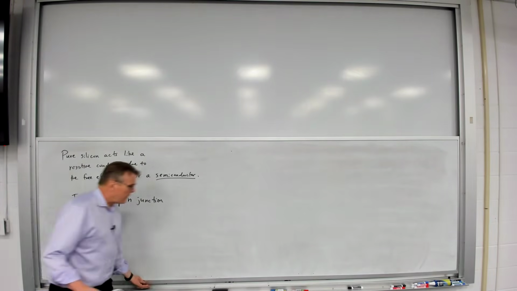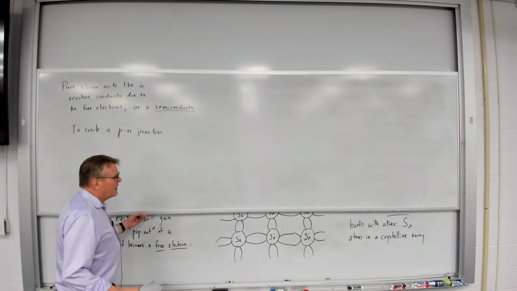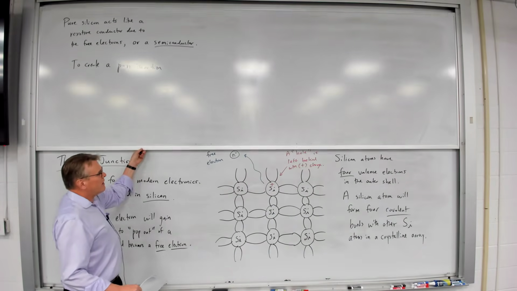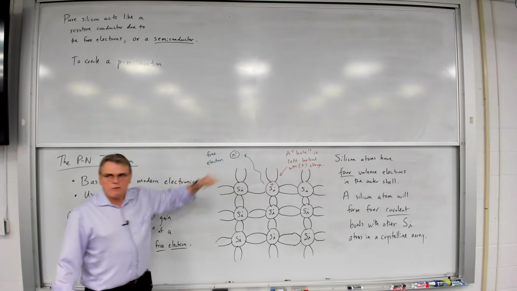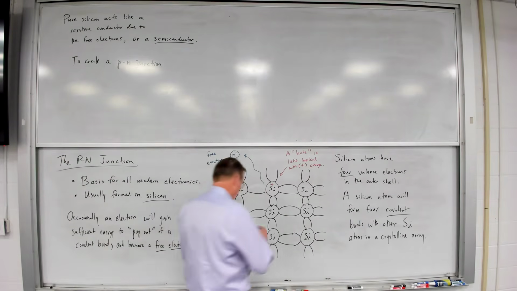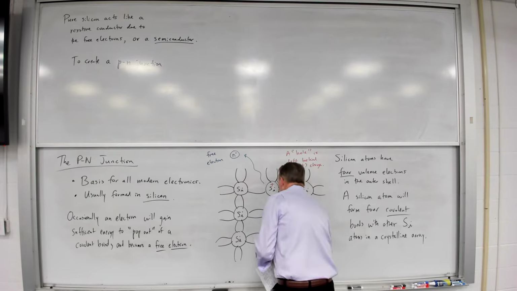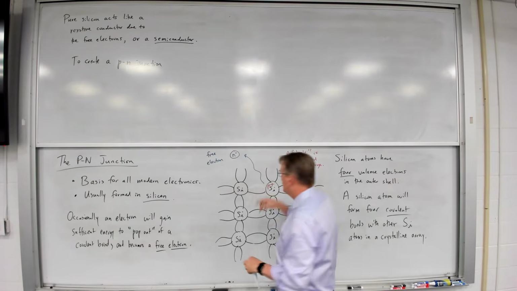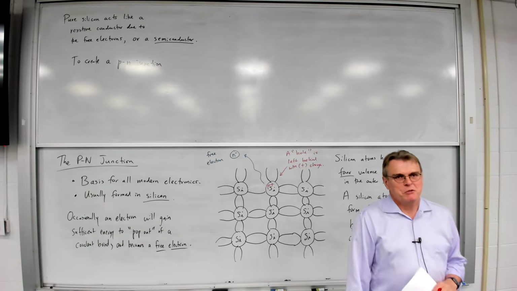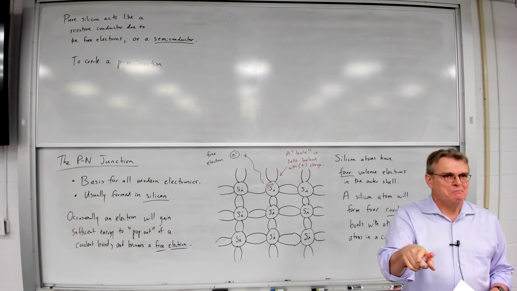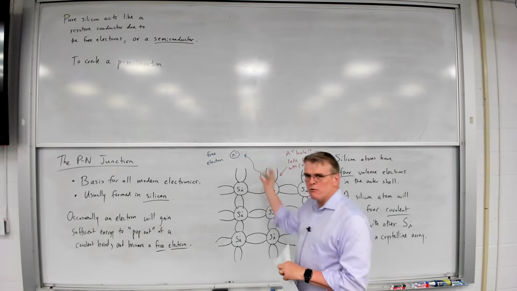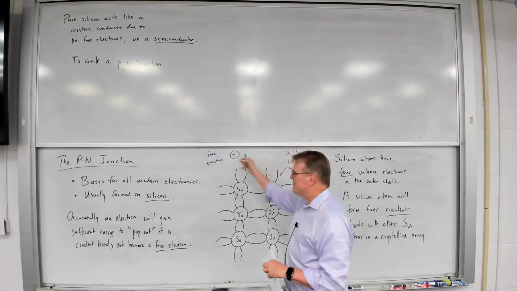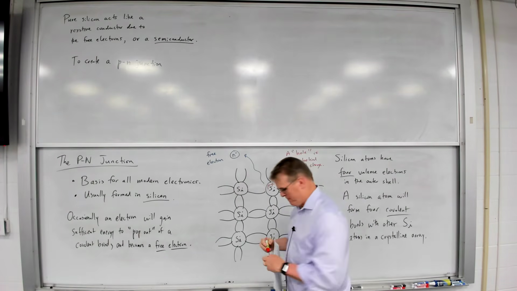And I should point out that N refers to the free electron, and normally we'll use the letter P to refer to the hole. So that's where pn comes from, just from our designations for holes and electrons, the positive and the negative charge carriers.